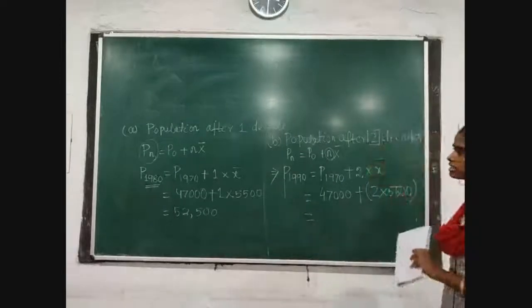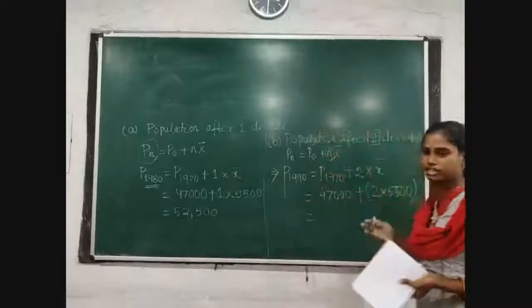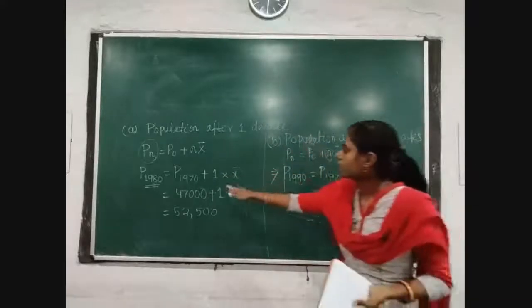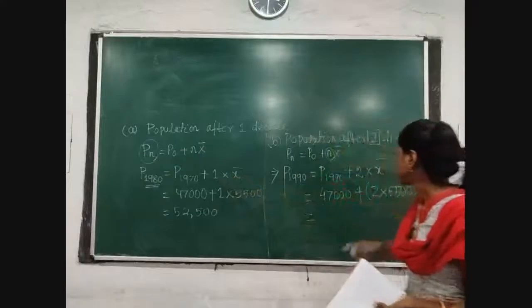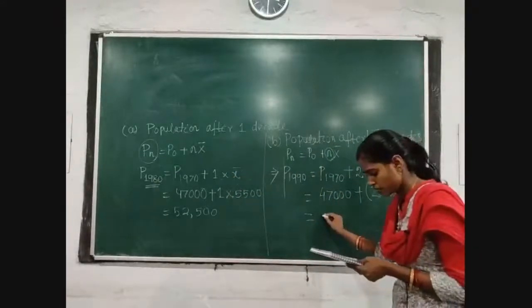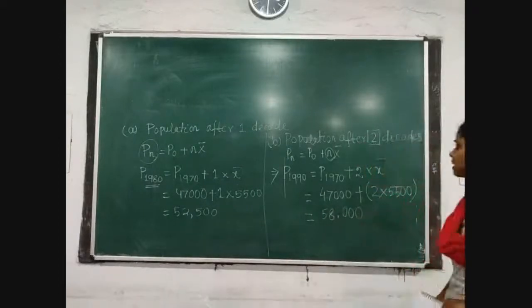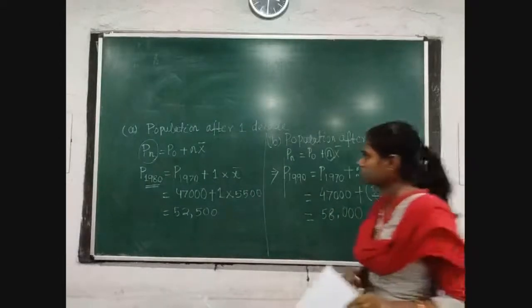So the only difference is that the n value keeps changing: after 1 decade it was 1, and for 2 decades it will be 2. The value comes out to be 58,000. So the second part is also over.